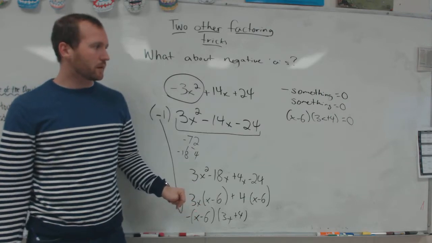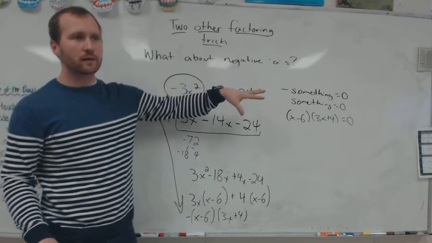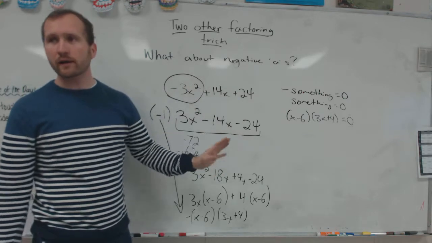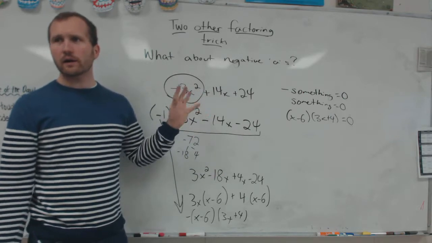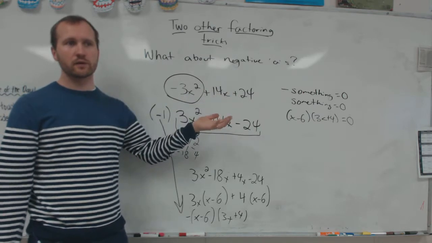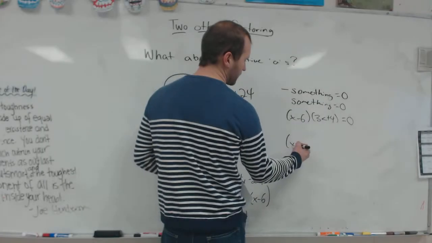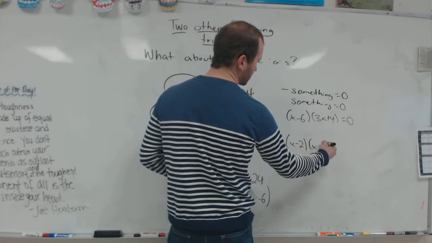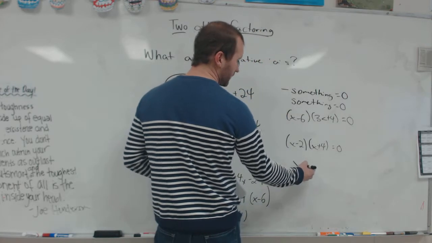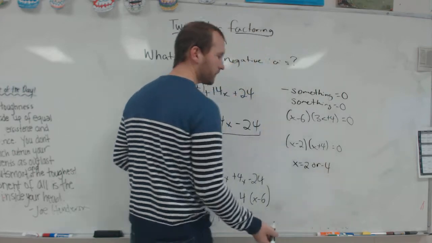That's kind of like how you guys started out, right? You started out with no a, or a equals 1, just factoring those. And then you learned, okay, what if this equals 0? How do I find my zeros? And you did like the opposite of x, right? So if you had x minus 2 times x plus 4 equals 0, then the next step would be to say x equals 2 or negative 4.